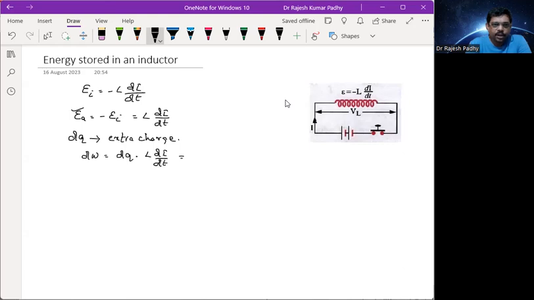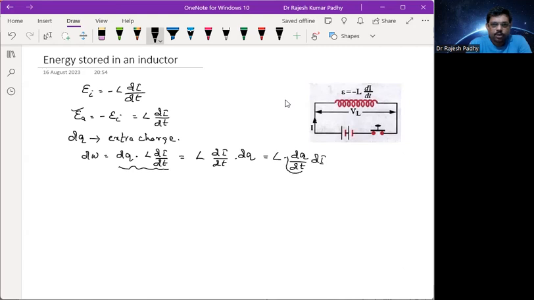Now, if I rewrite it, I can write L di by dt into dq. Again, if I take dt this side, then I can write L into dq by dt into di.